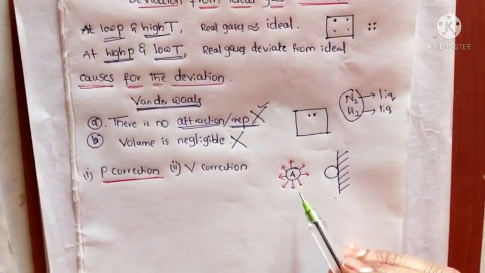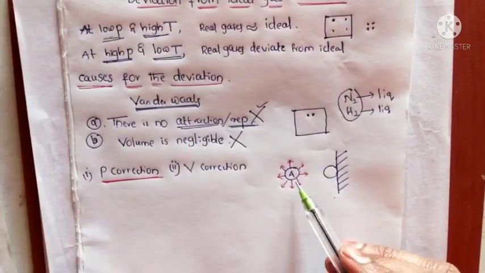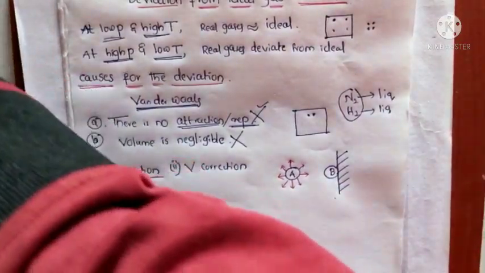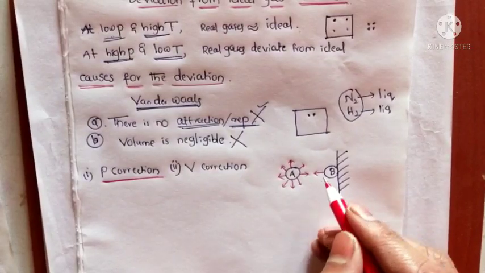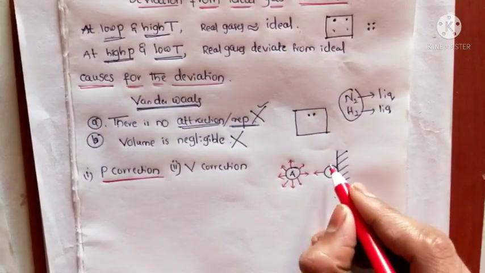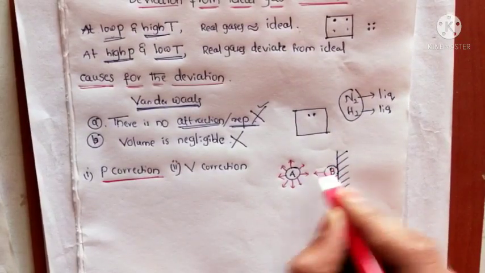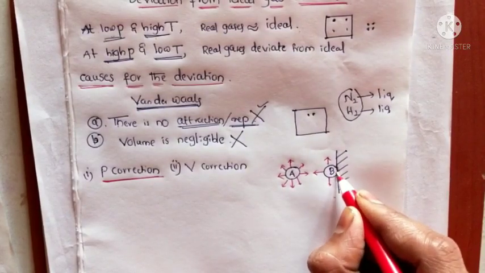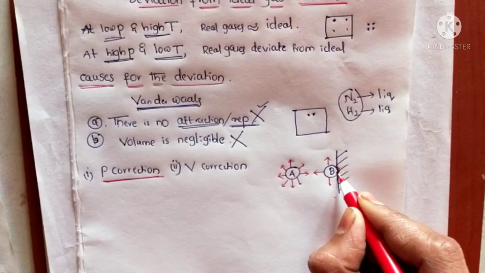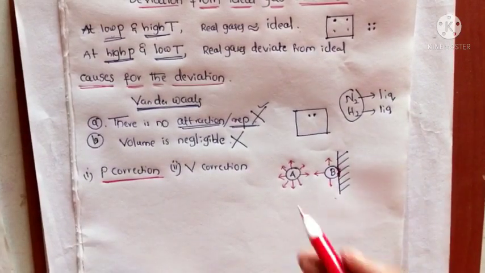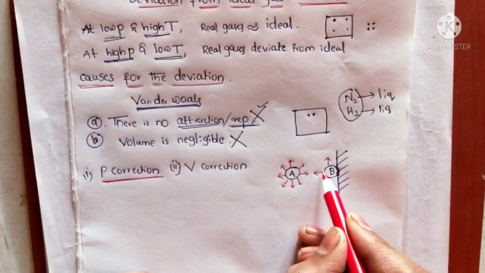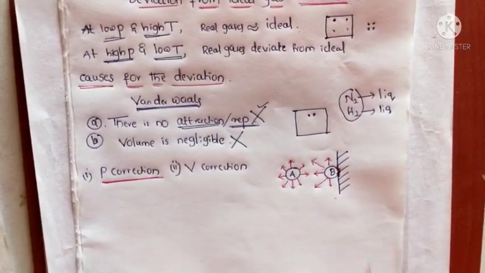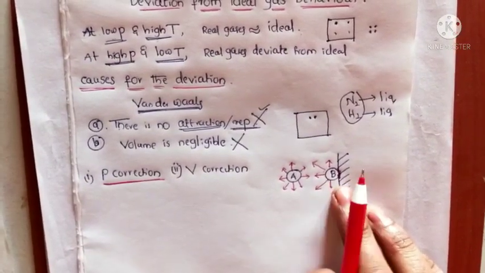But for the B molecule, what happens here? Some molecules drag the B molecule backward, so the pressure on the walls of the container is not strong.